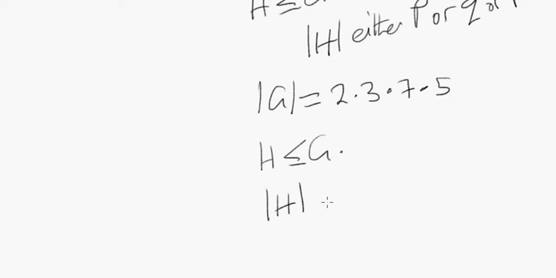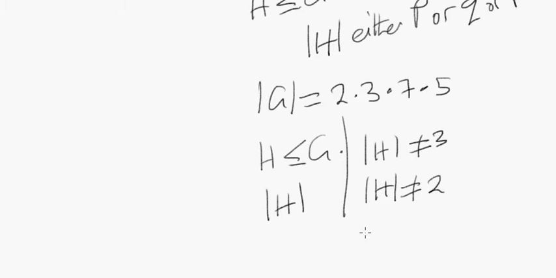Let's say we did some calculation and found that the order of H does not equal 3. We also did some proving and found that the order of H does not equal 2, and that the order of H does not equal 5.